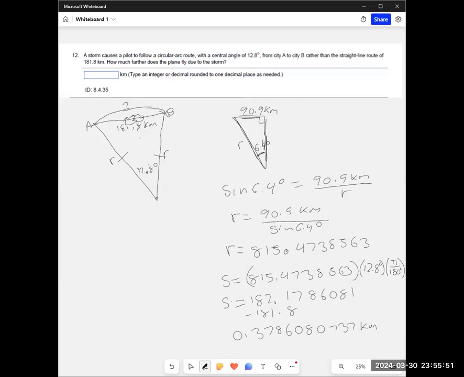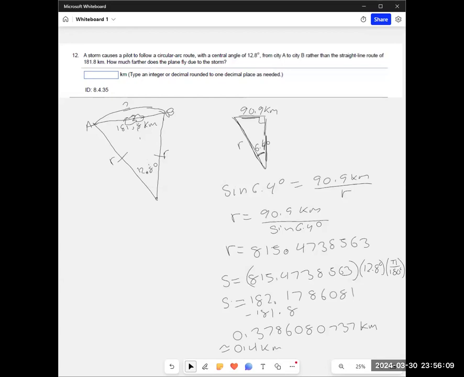We're going to round that to the nearest tenth of a kilometer, so 1 decimal place is needed. So our answer is 4/10 of a kilometer. And that's it for number 12.